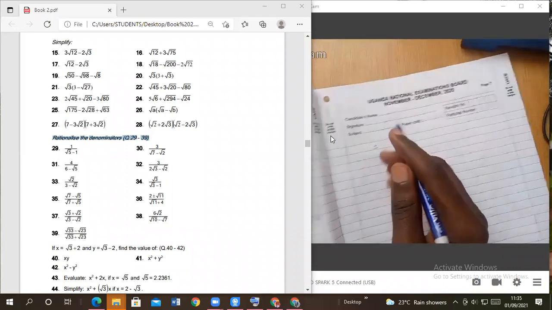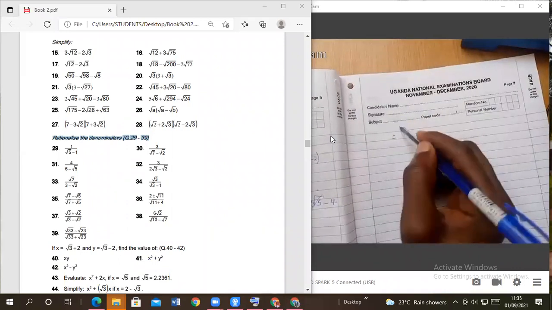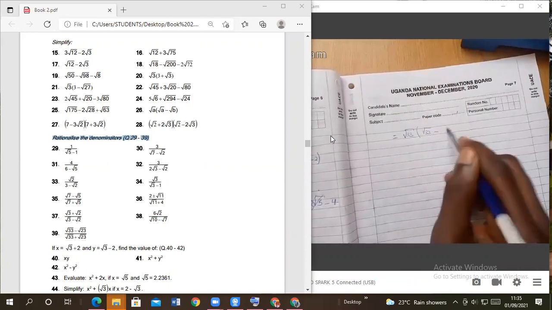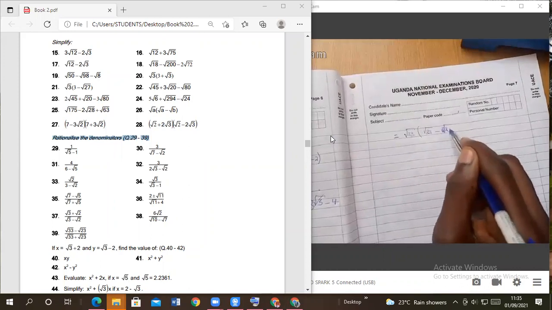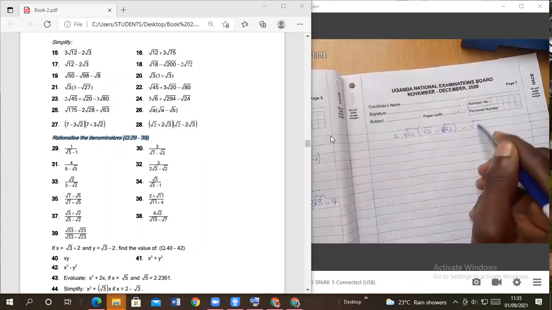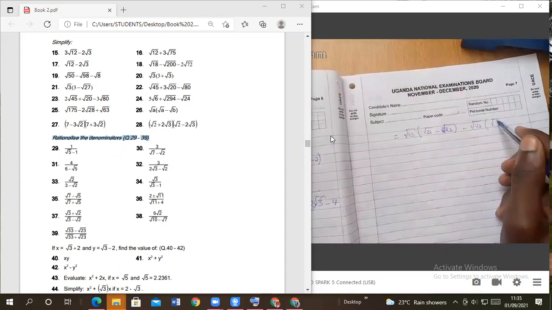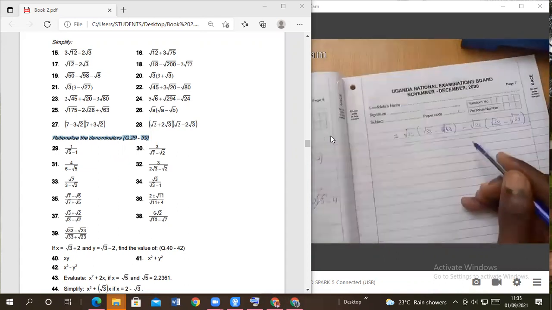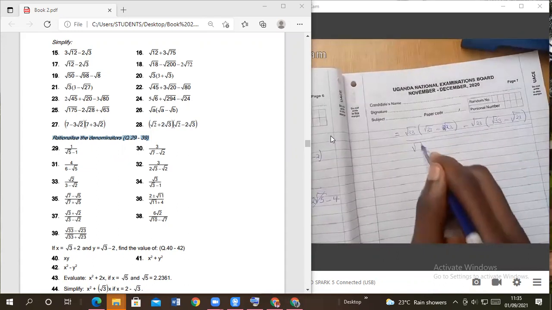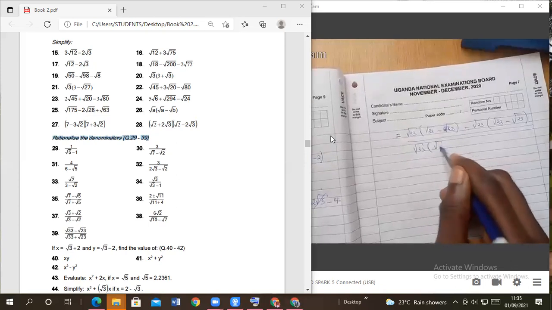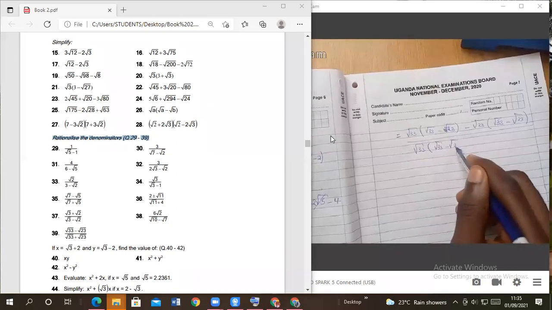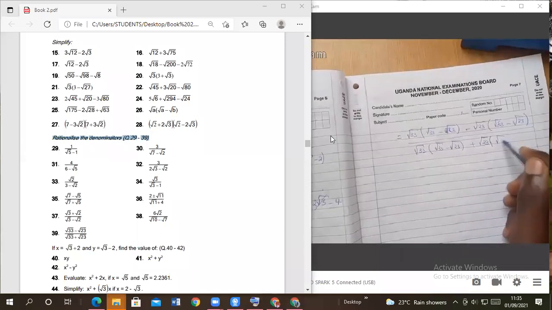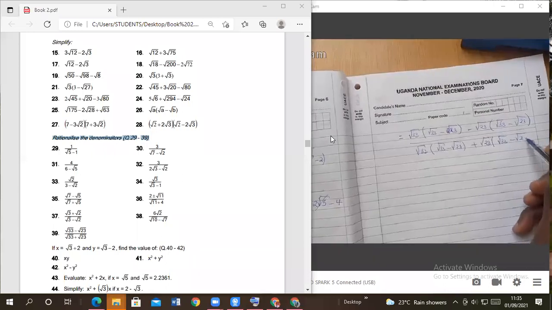So we have, let me write it again here, root of 33 minus root of 23, into root of 33 minus root of 23, right? And root of 33 into root of 33 minus root of 23 plus root of 23 into root of 33 minus root of 23.